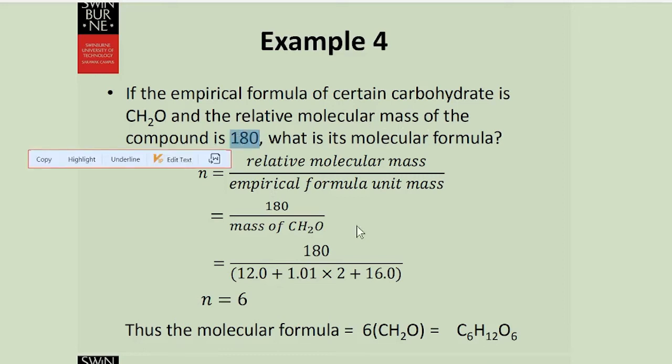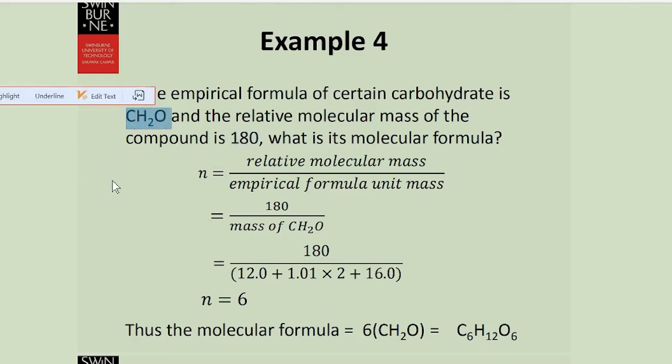So the molecular mass of the compound is given, and CH2O is the empirical formula for this carbohydrate. Carbohydrate is C, H and O. So the mass for this CH2O will be: carbon is 12, hydrogen is 1, or 1.01 to be precise, and there are 2 atoms of hydrogen, so multiplied by 2, plus 1 atom of oxygen, so plus 16, because oxygen is 16, carbon is 12.